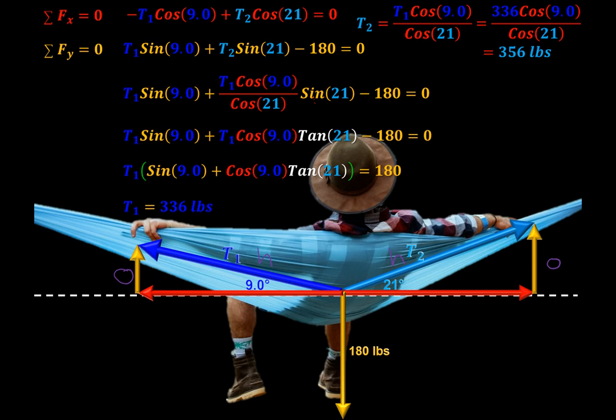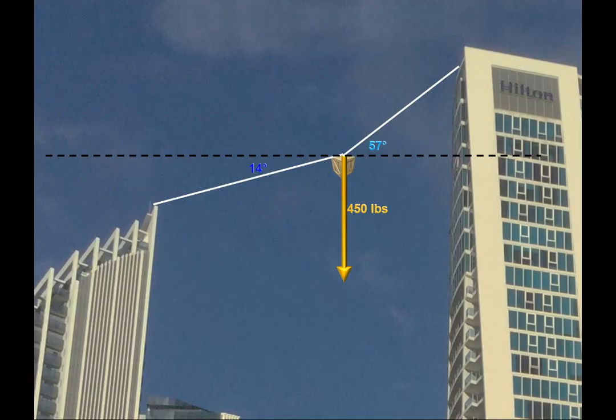So there are going to be some problems you have to do algebra. This is an algebra-based physics course. This is just substituting. That's all it is, substituting. So let's look at this problem. So again, we have a box. It's being hung at two different angles.